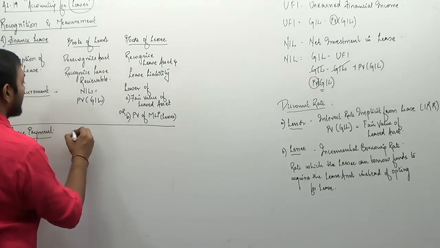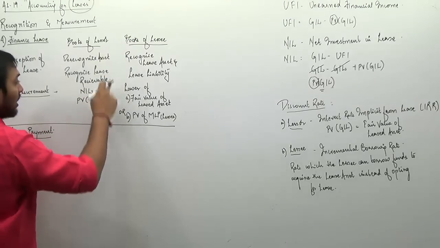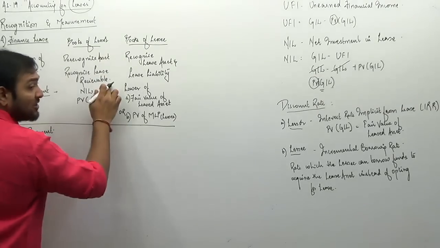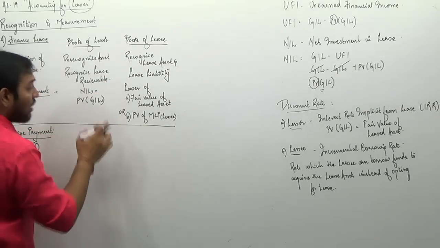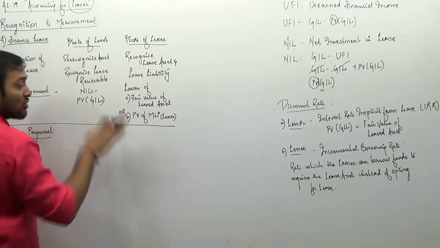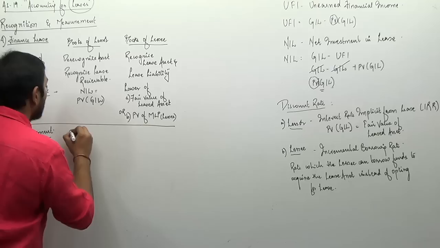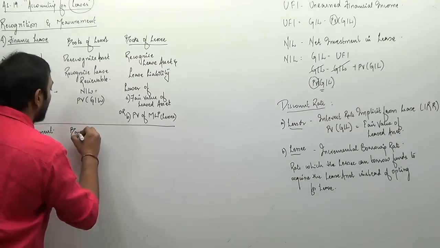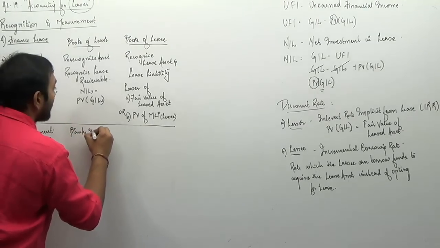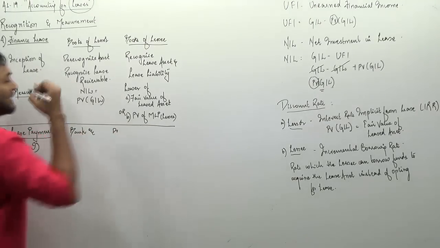The recognition will be in the books of the lessor. My entry: lease receivable is debited, so now I have to reduce the receivable, so I have to credit it. So bank account debit, as I am receiving the lease rental.